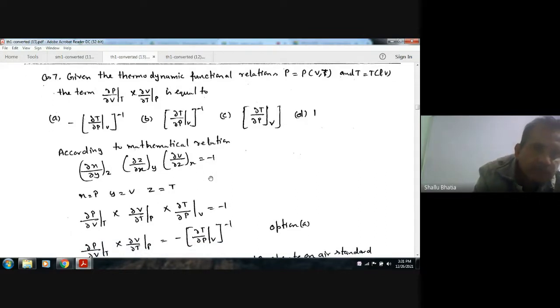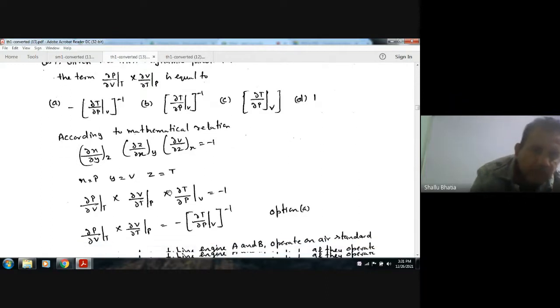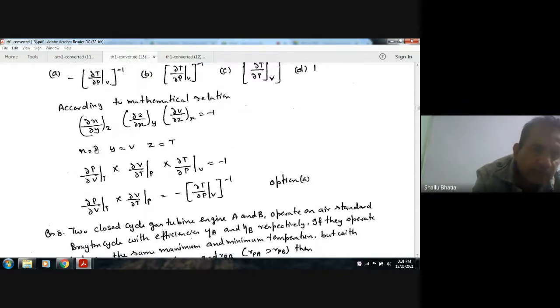So here, for any x, y, z that are properties, taking x is equal to p and y is equal to v and z is equal to t. So we have this. Curly p by curly v, with t constant.